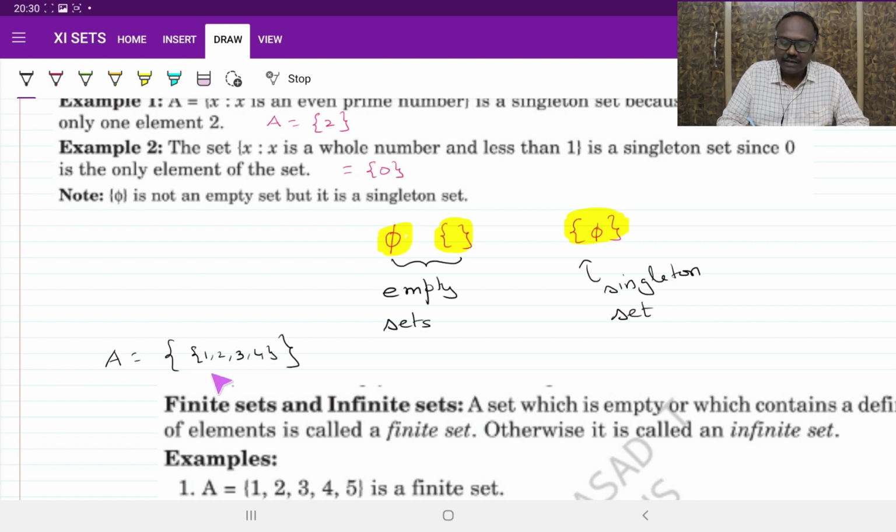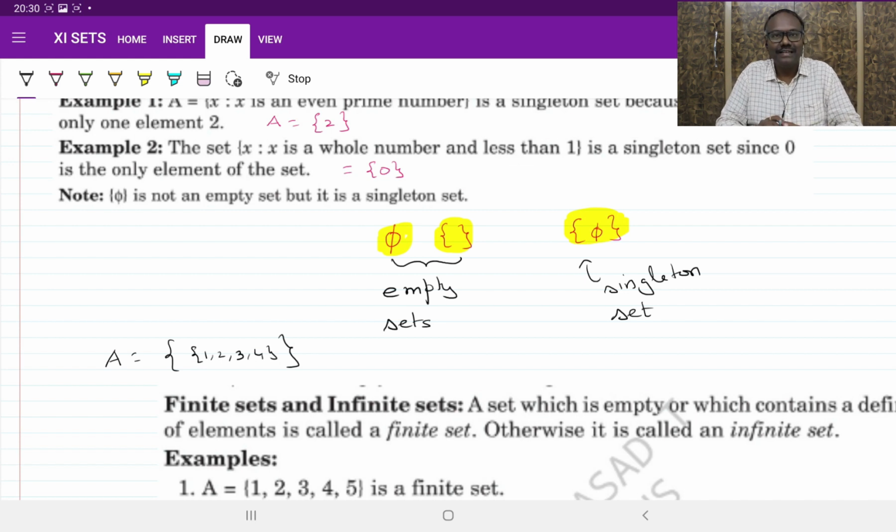So {1, 2, 3, 4} within the braces is only a single member which belongs to set A. So we call this also a singleton set. I hope you understood what is a singleton set. Now let us see the next type of set, that is finite set.